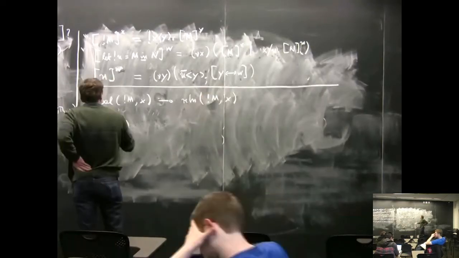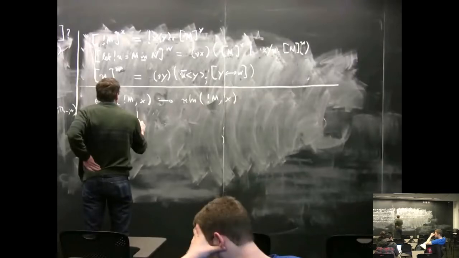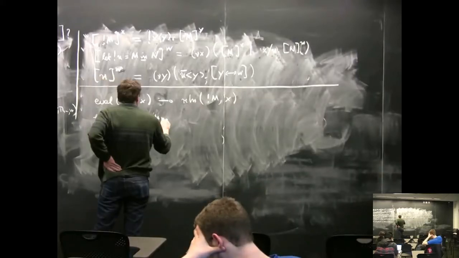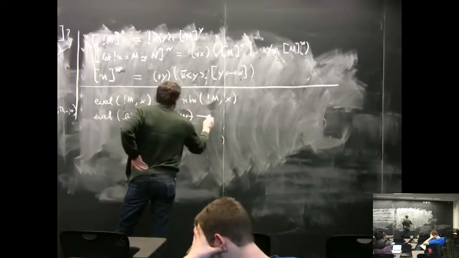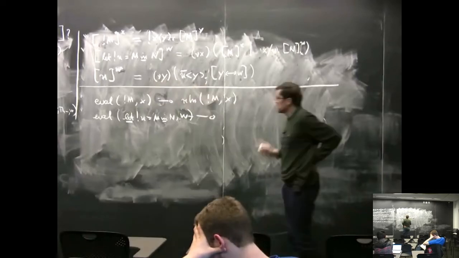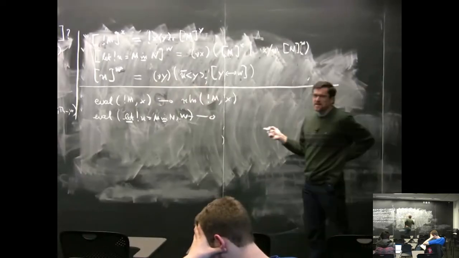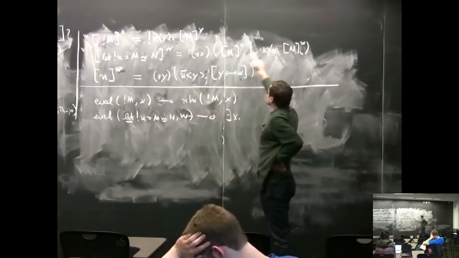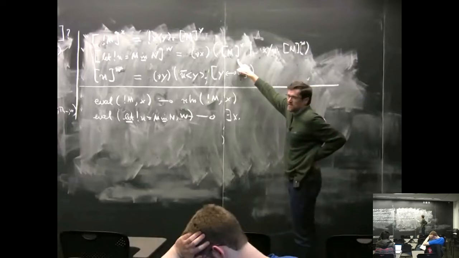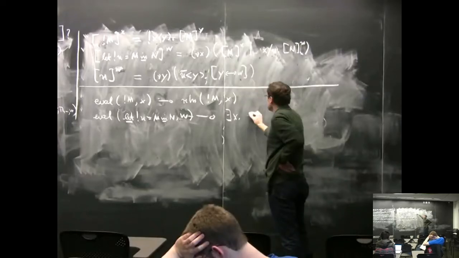Okay, so now that rule, to evaluate a let bang u equals m in n with destination w. What do we do first thing on the right-hand side? Yep, we have to create a new name, exists x. What's this correspond to?